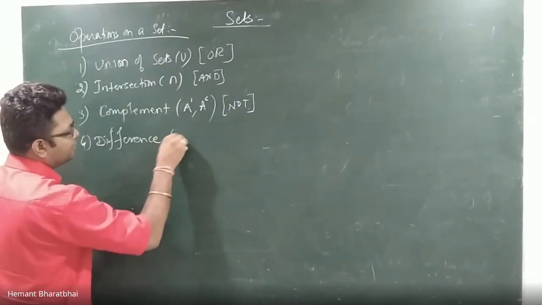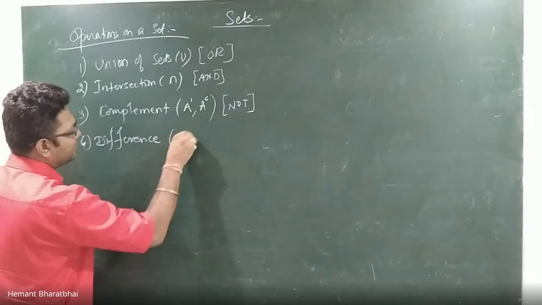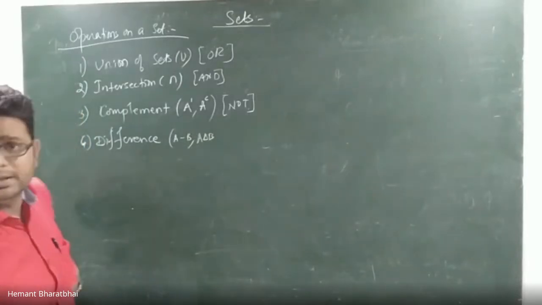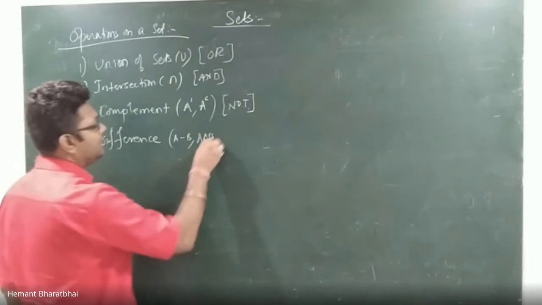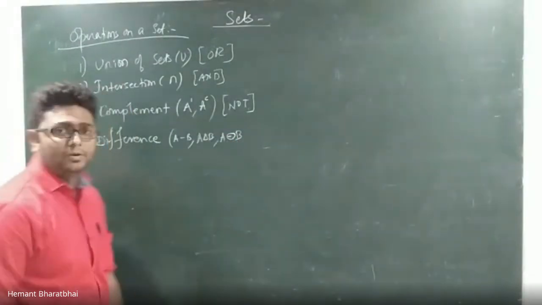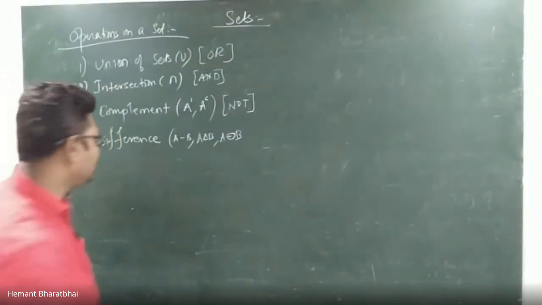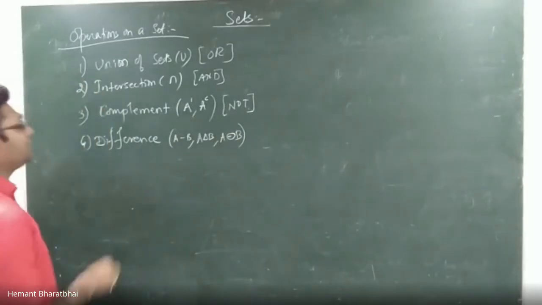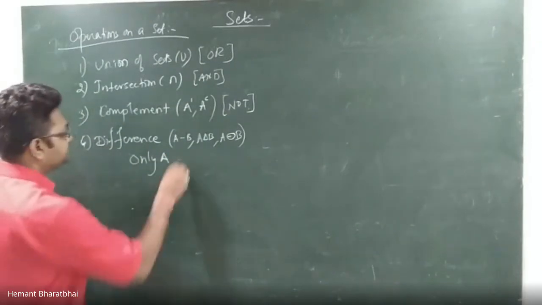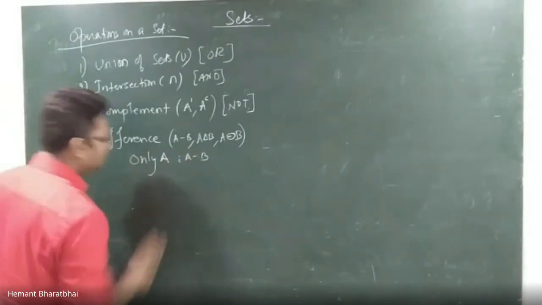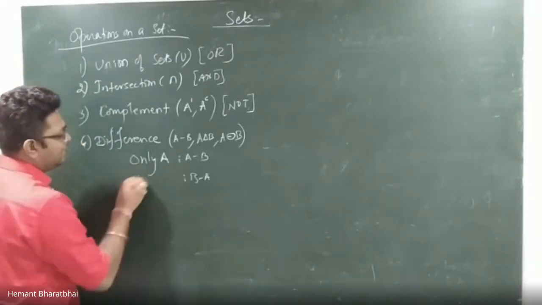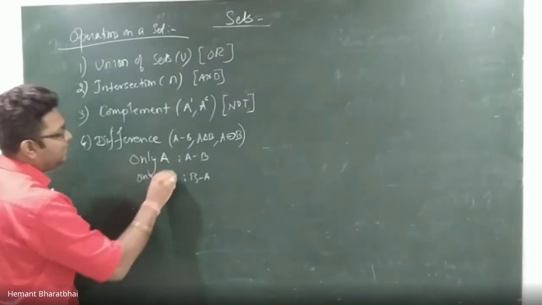It can be shown by the symbol A minus B, or as A delta B. Different books use different notation; they put a minus sign and a circle over it. These are the different symbols used. If I write A minus B, it means only A. If I write B minus A, it means only B.